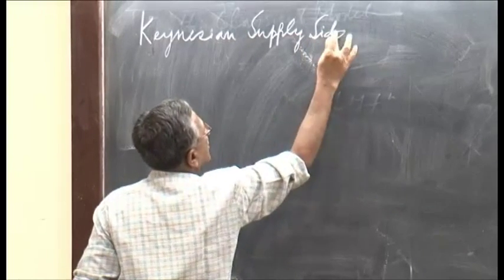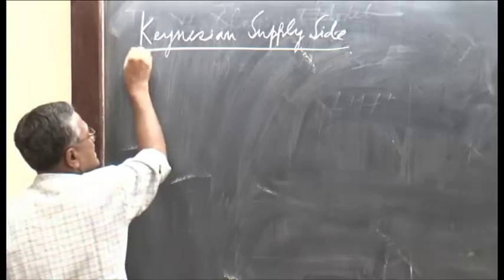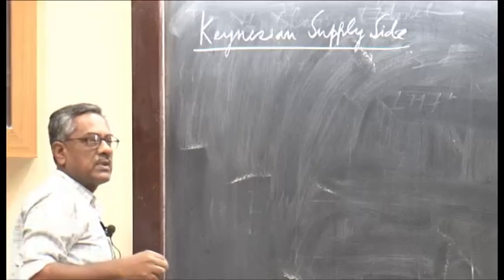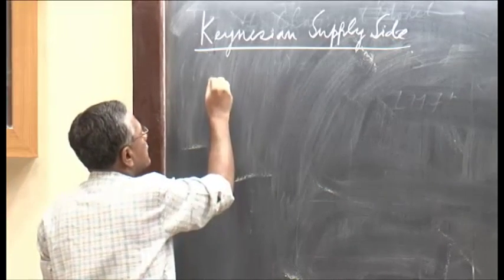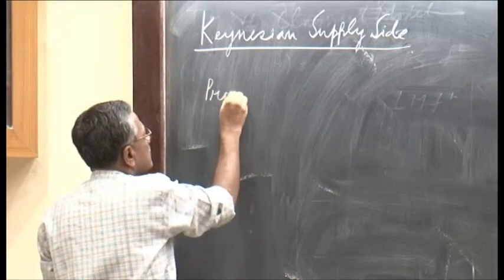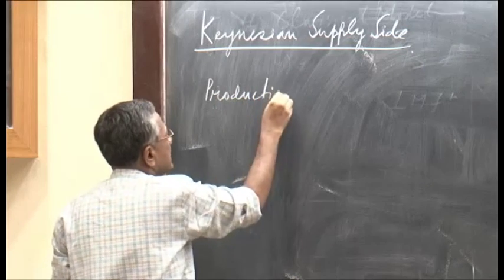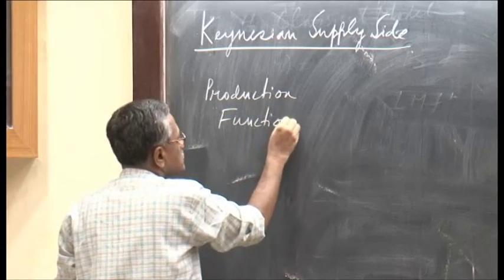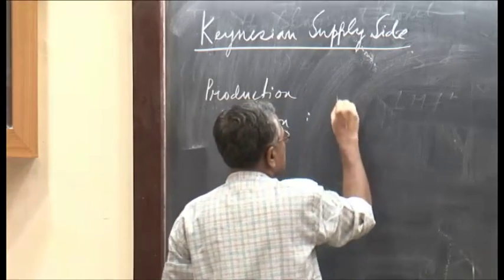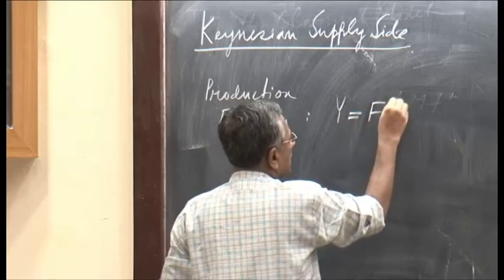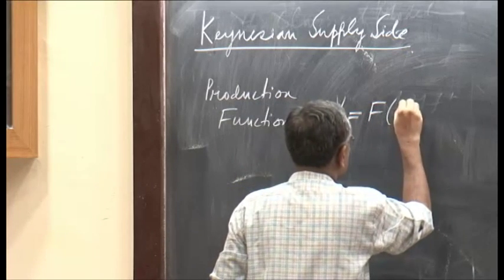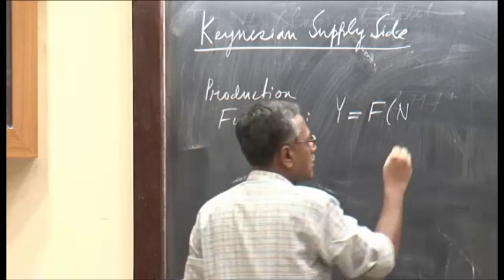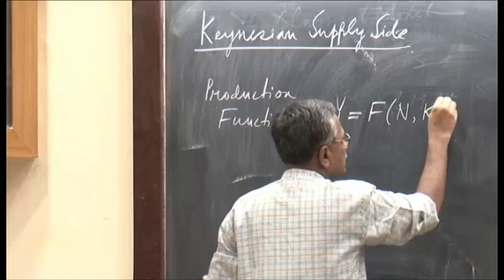Now, one thing which is common between a classical model and a Keynesian supply side model is that both of them had a production function which is very well behaved. That's a normal assumption. Well behaved in the sense, well, the production function is written as Y = F(N, K naught), N being labor and then a fixed amount of capital.